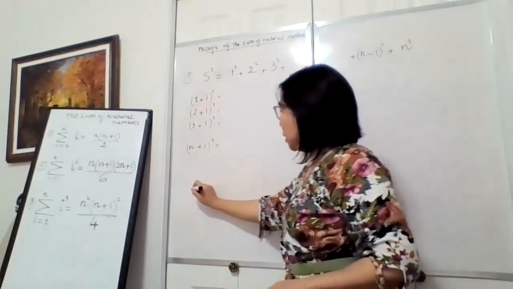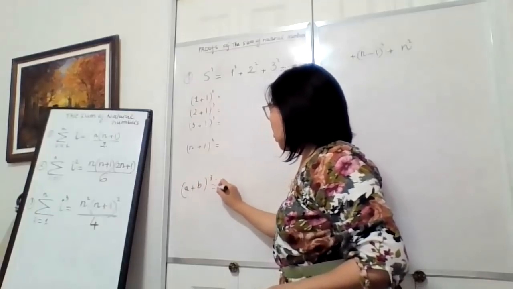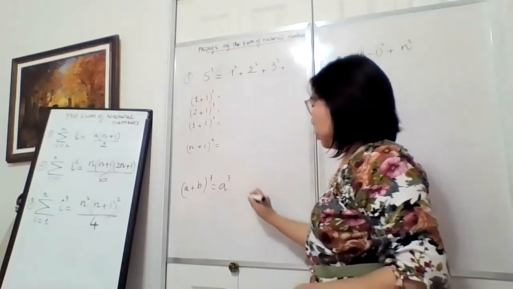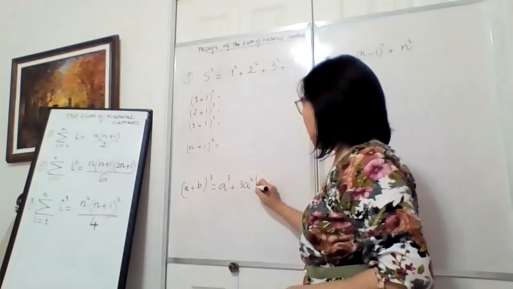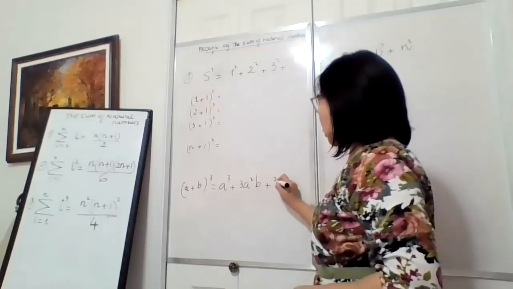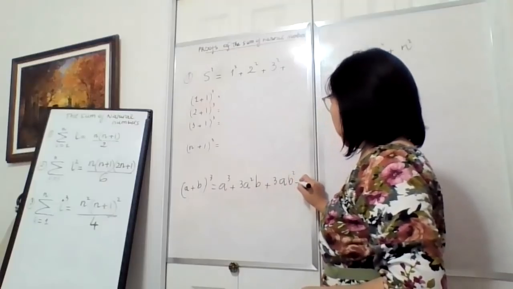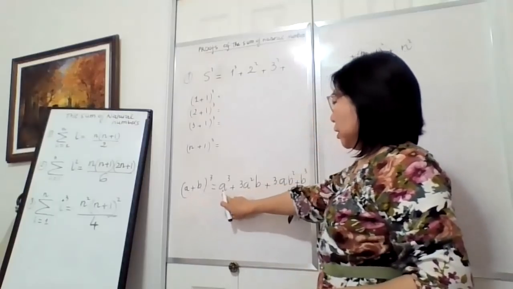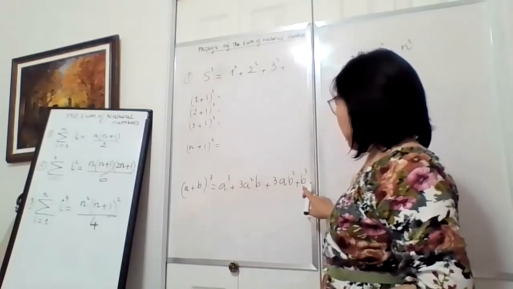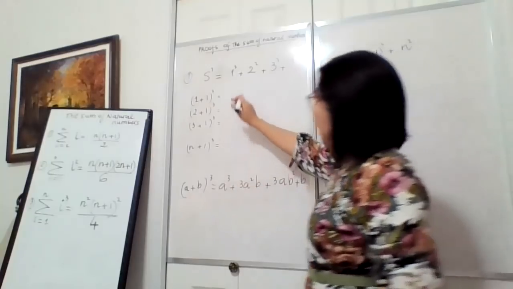Now this requires us to get back to the formula of (A plus B) to the power 3, which will be equal to A to power 3 plus 3 times A square B to power 1, adding with 3 A to power 1 B square, and the last term will be B to power 3. So we have A and B, right? We have A to power 3 for the first one, and the last one is B to power 3. Now I'm going to apply this exactly to this bracket.